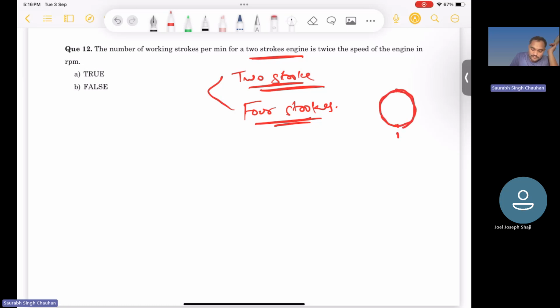From point 1 to 2 it has gone up, so this is half a rotation, and from 2 to 1 it will come back, which is another stroke. Sorry, so one revolution means two strokes.